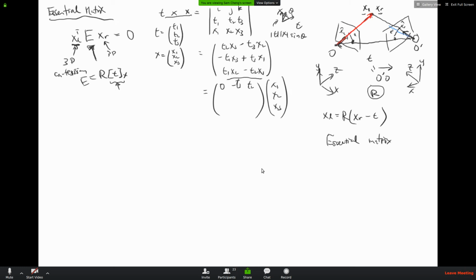You see the first row: minus T3 multiplied by X2 gives this term, and minus T2 multiplied by X3 gives this term. Similarly, the second row is T3, 0, minus T1.